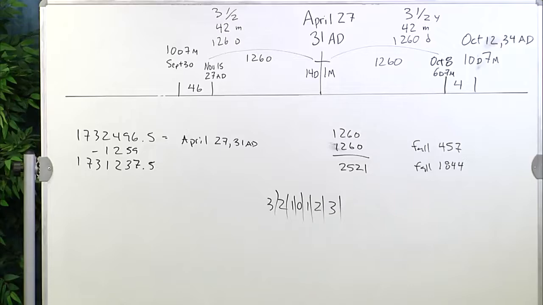So now I'm going to subtract 46 from this. That'd be 191, I think that's what it would be. So then it becomes September 30th. When I subtract 46, I get September 30th.